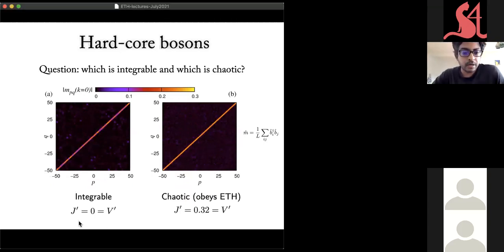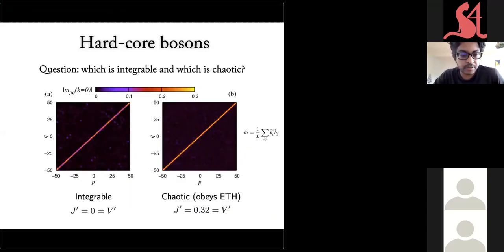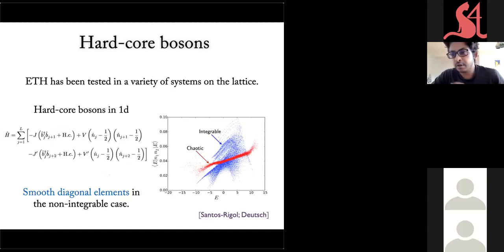Now, there was a question by Pratik: why are we saying that this is a hardcore boson? The thing is, in the classical case, the hardcore boson is like if you have two balls and they can come close to each other. If the radius is r, the closest distance between the centers can be 2r.